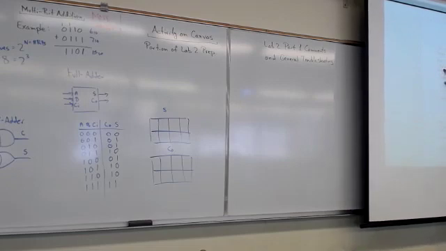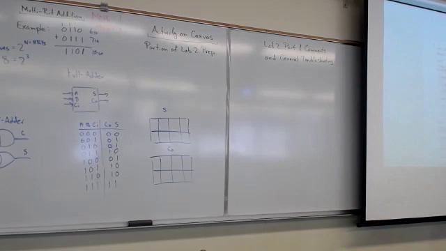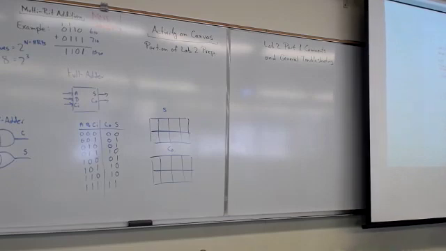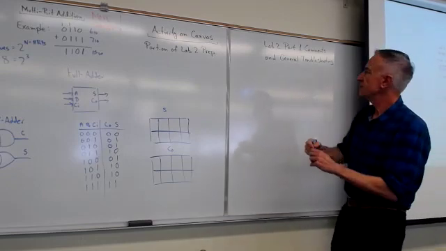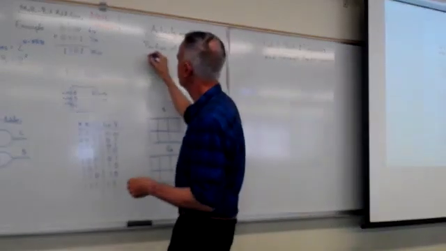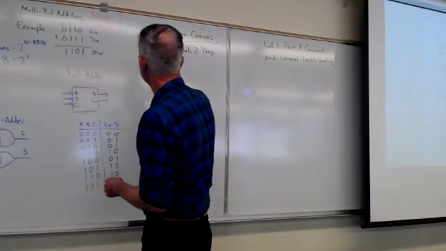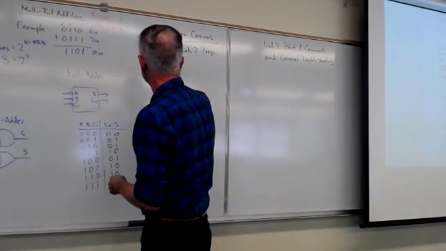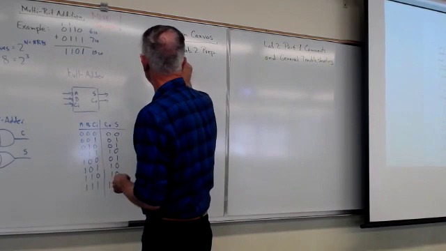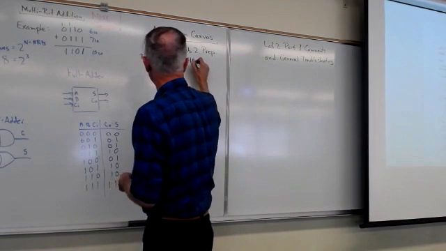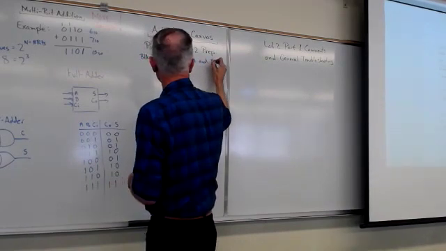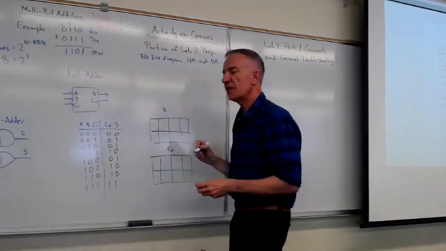Just this here, where you draw a black box diagram. I want you to draw a black box diagram for both the half adder and the full adder, so you'll have two black box diagrams.